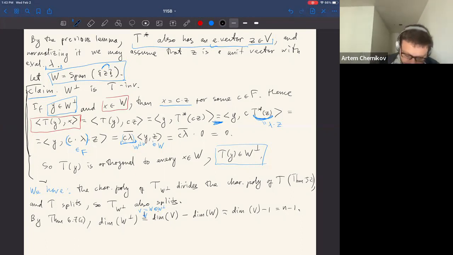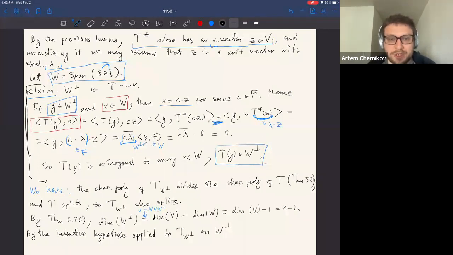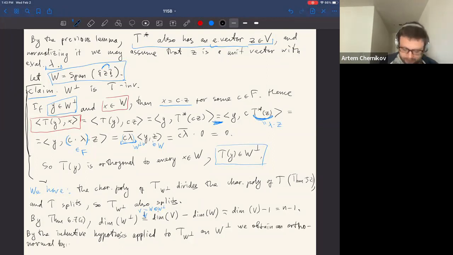By the inductive hypothesis applied to the linear operator TW perp on the subspace W perp of dimension N minus 1, we obtain an orthonormal basis, let's denote it gamma, for W perp, such that the matrix representing T W perp with respect to gamma is upper triangular.